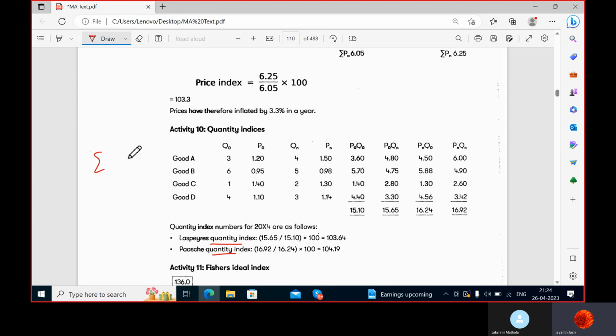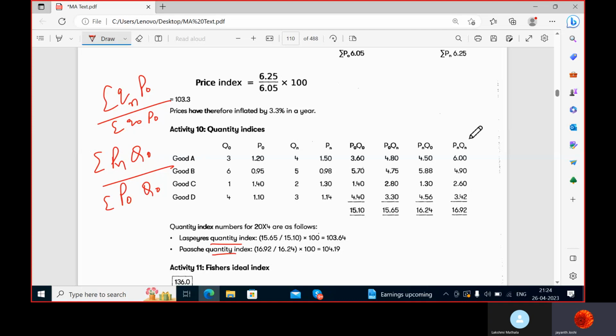Like the price index was base year quantity, current year price, correct? Base year quantity, base year price. Am I right? So in this you have to take Qn P naught by Q naught P naught, correct?